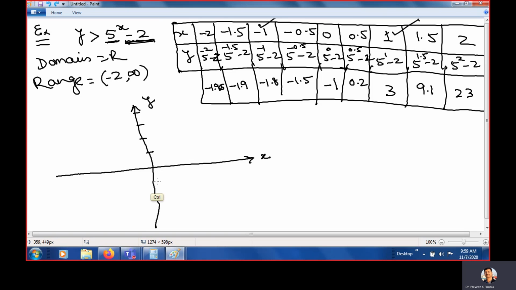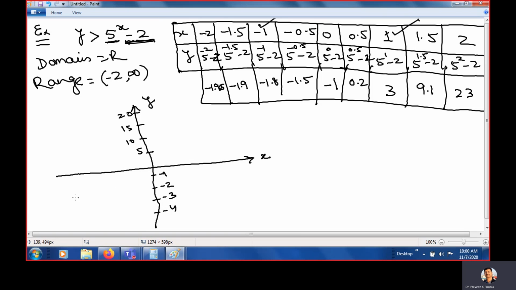Okay, let us say here I am taking minus 1, minus 2, minus 3, minus 4, like this one. But here I am taking 5, 10, 15 or 20, like this one. Clear? So you can say I am making one line here at minus 2.